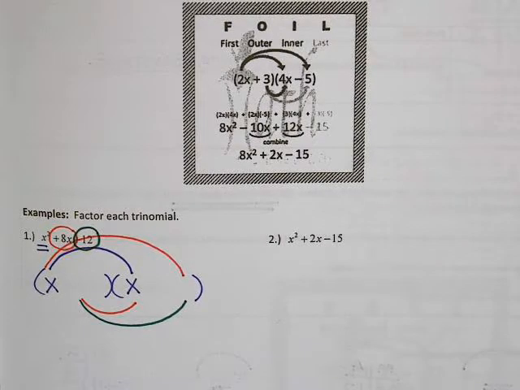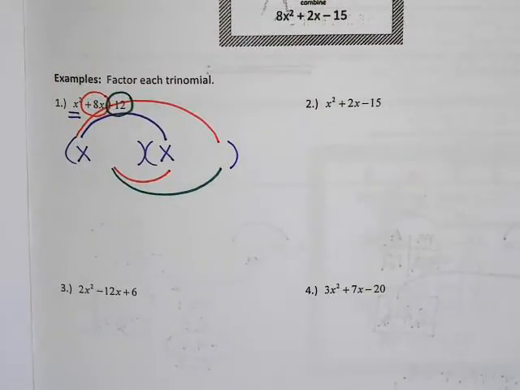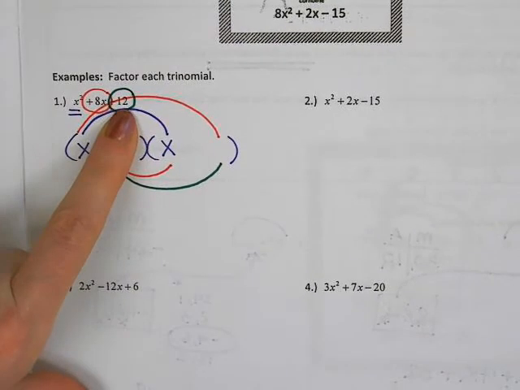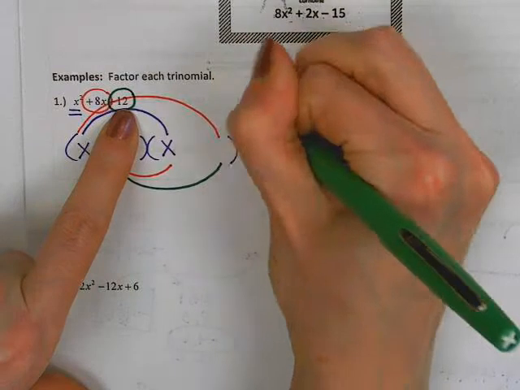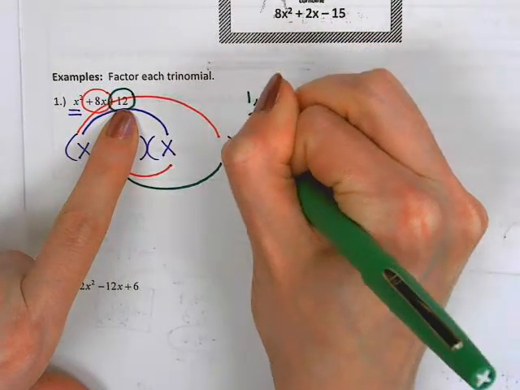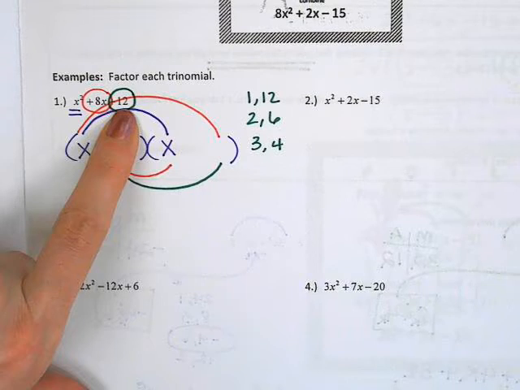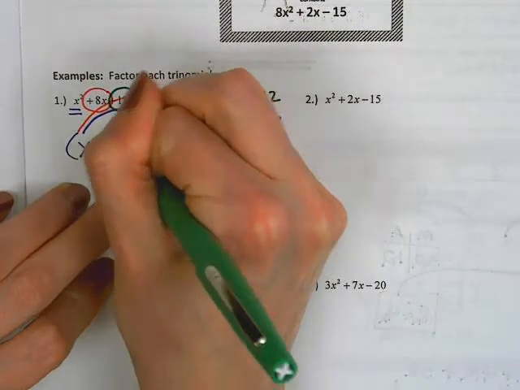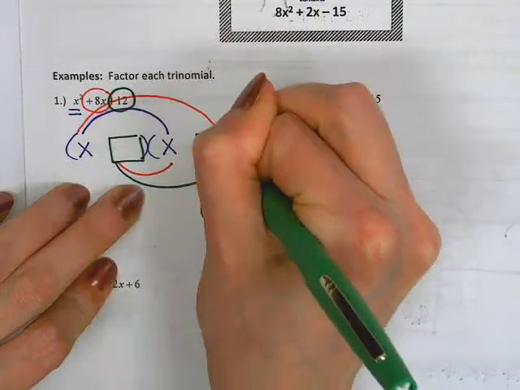Okay, so here's kind of how I do these. I make a list of all the ways you could multiply to 12. So it could be 1 and 12, it could be 2 and 6, or it could be 3 and 4. And then I know that one of these sets of numbers has to go here and here.